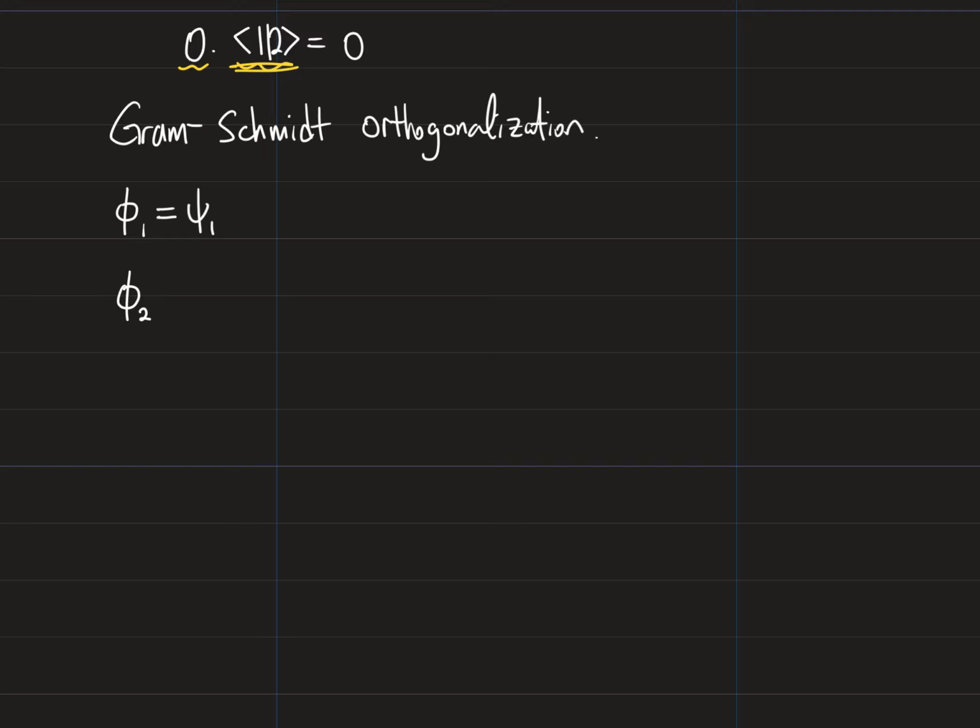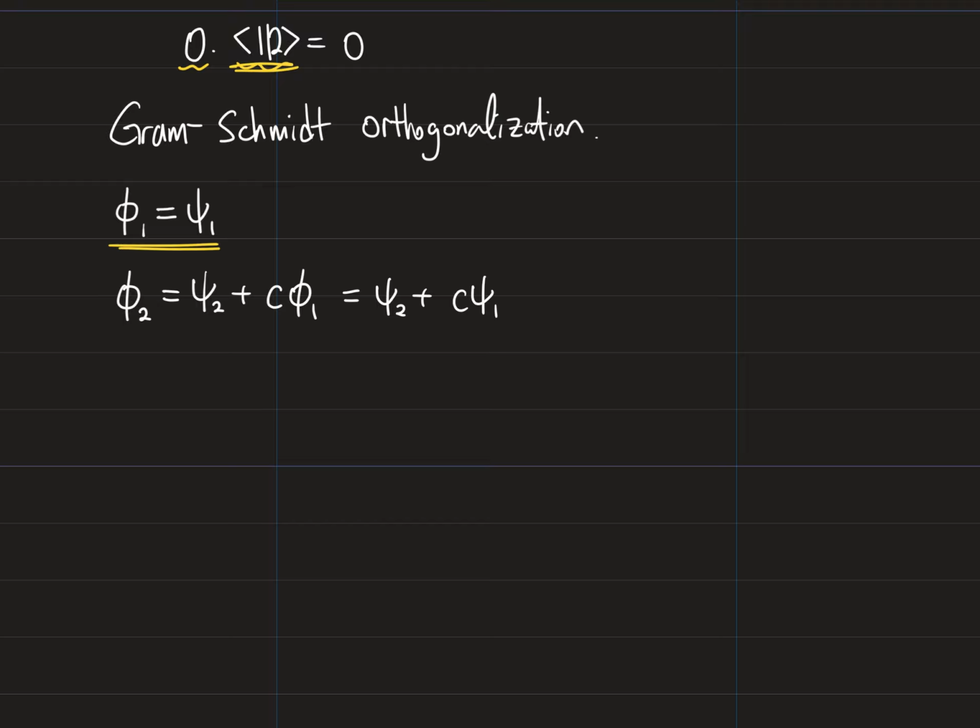This is the linear combination of the two original functions: psi2 plus some contribution from the first function. Or you can just write it like this, because we set p1 as psi1.